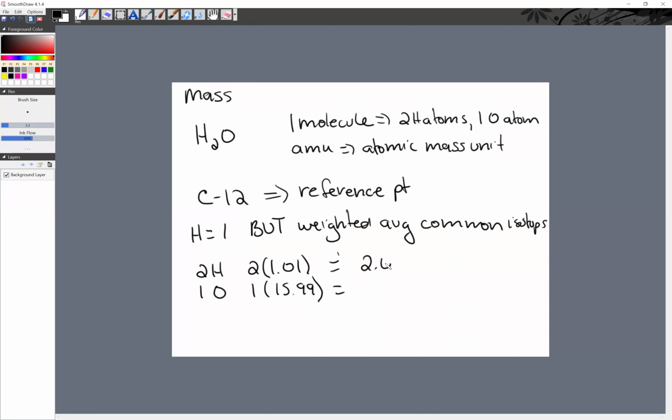So this is 2.02 plus 15.99, 18.01 AMUs. So if I was only talking about one molecule of water, it would weigh 18.01 AMUs.